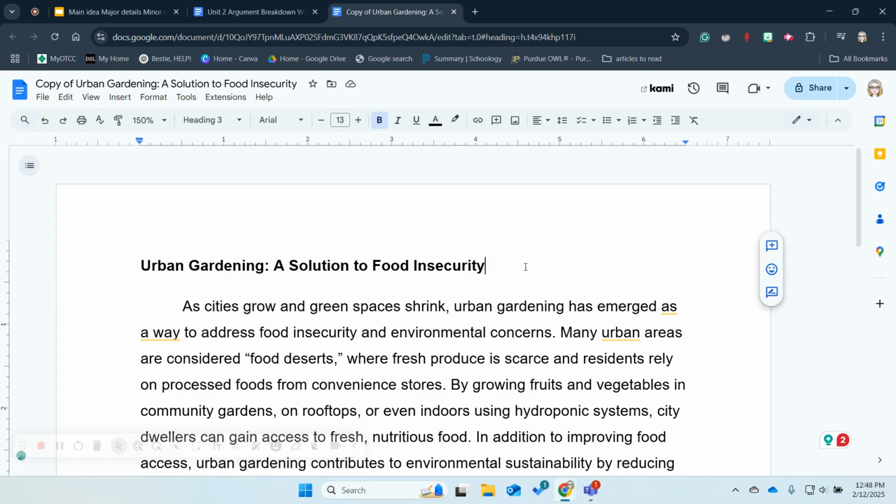What is the most important thing the author's trying to say about this topic? And then after you do that yourself, you can come back and I can talk through my process. So go ahead and pause, go through these 2 paragraphs, and then see if you can write a sentence for these 2 paragraphs, stating the main idea in your own words.